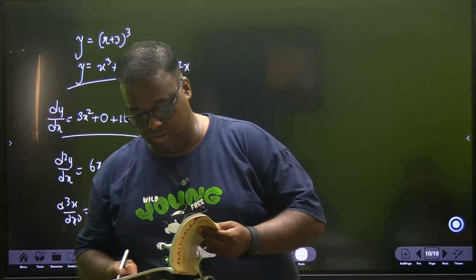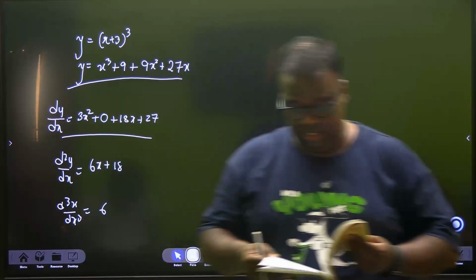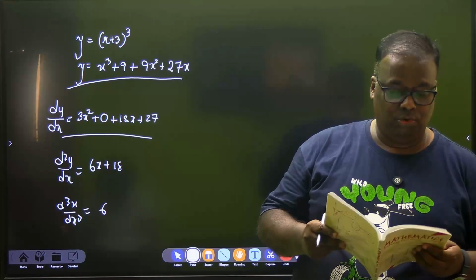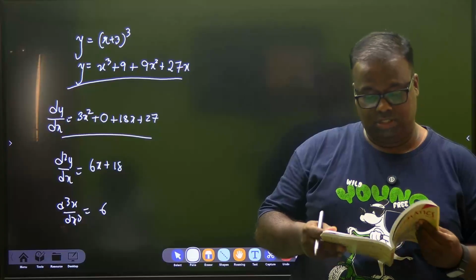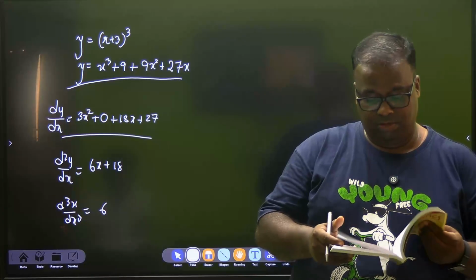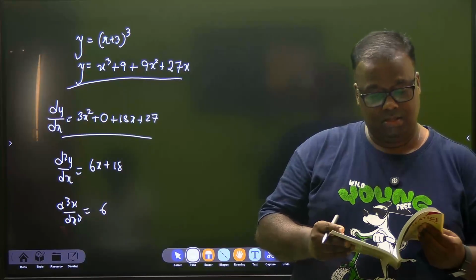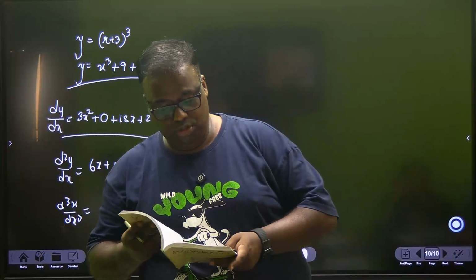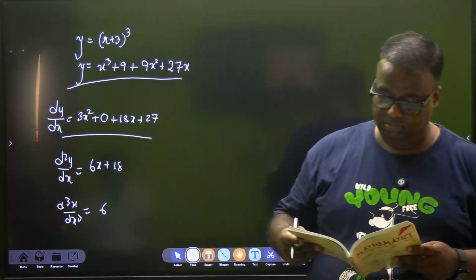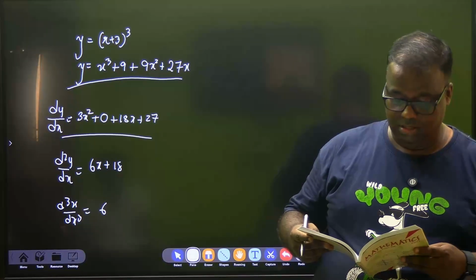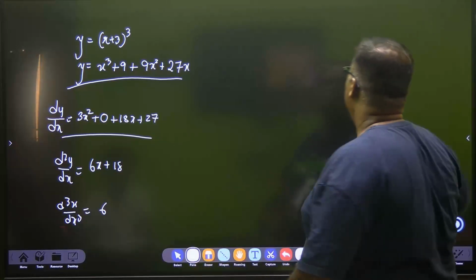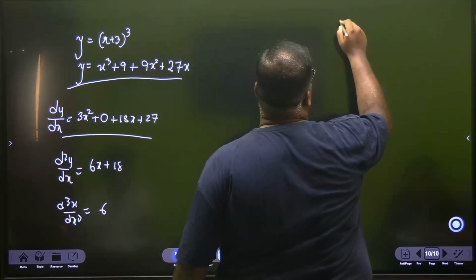All are sin x, cos x. They are all asking you to do by first derivative. Exercise 5.3. Oh no, we have some more exercises. 5.2. Okay, where is 5.1? 5.1 is continuity, and 5.2 is again all this. Write down, I am writing some.